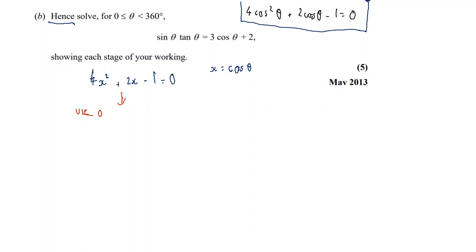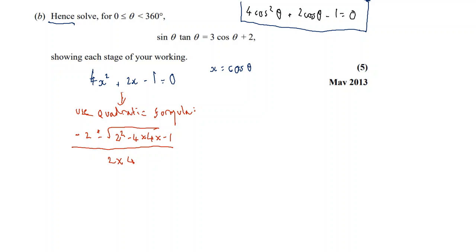And actually the question wants us to show each stage of our working. So I will use the quadratic formula. I know your calculators will do that, which is helpful, but we need to show the working. So using the quadratic formula, we would get minus b, so minus 2, plus or minus the square root of b squared, so 2 squared minus 4 times 4 times minus 1, all over 2 times 4.